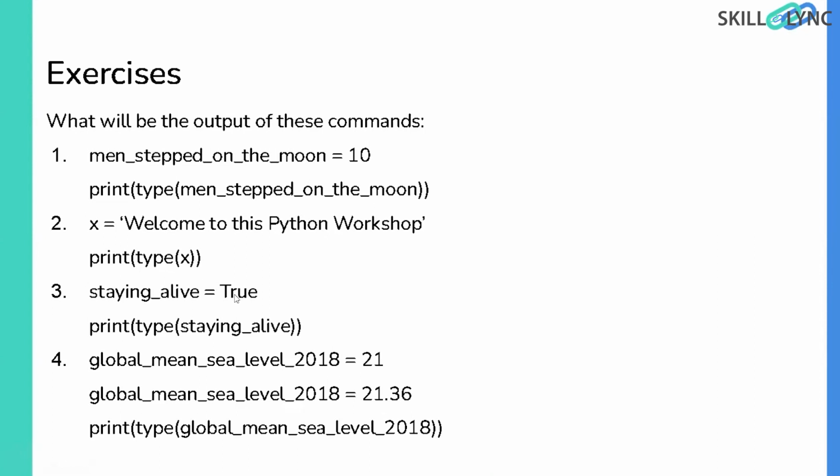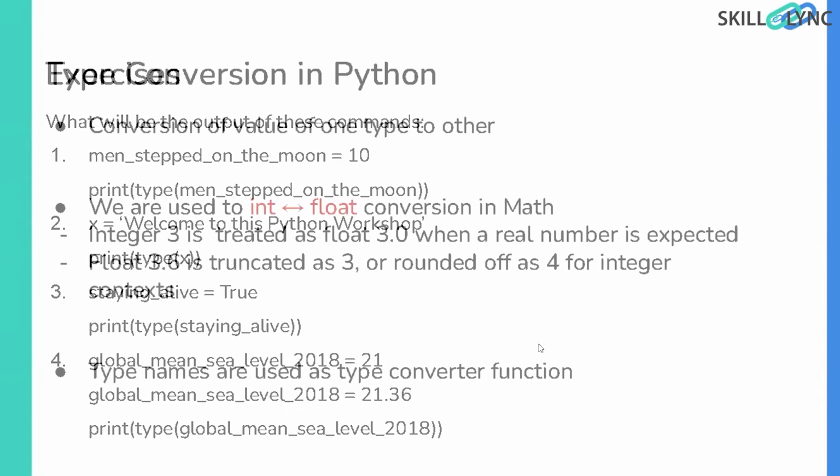What is this? This is important. It is in the format of true or false. Yes, third one is boolean. Okay, so what is the fourth one? One I have given as 21, the other is 21.36. Sneha is perfect. Faizan correct. Venkateshwar Reddy correct. So it is float. Float will keep the values after the decimal point, right?